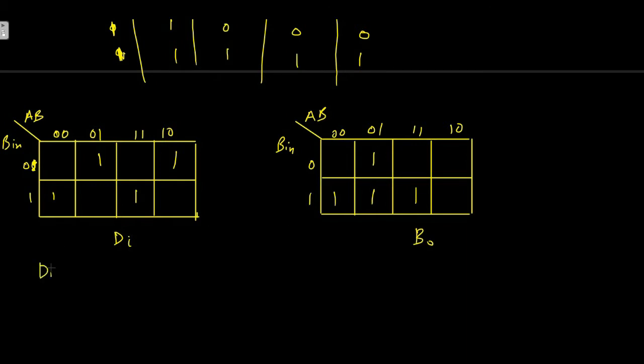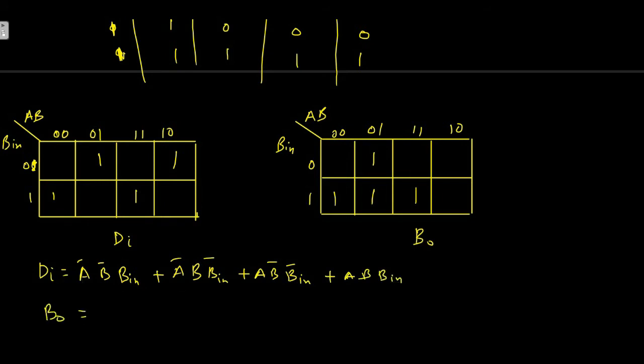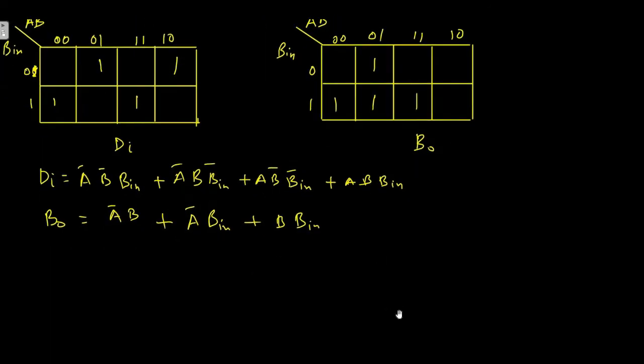Since there is no combination for the difference, we can write it as A bar B bar B in plus A bar B B in bar plus A B bar B in bar plus A B B in. Borrow output is equal to A bar B plus A bar B in plus B B in. So in this way we can write difference and borrow.